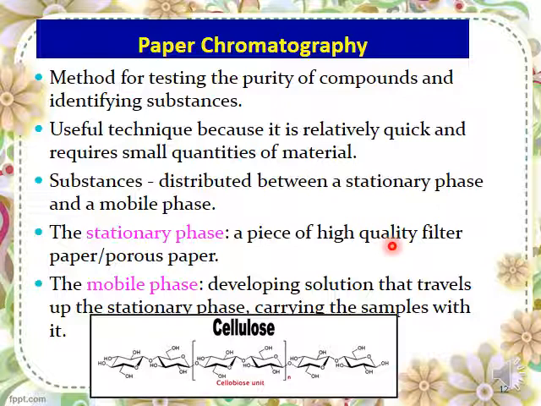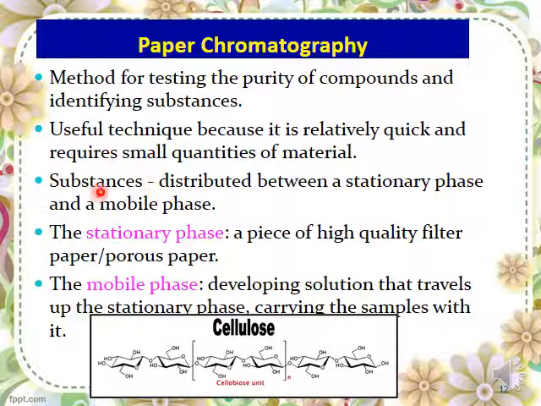Now for paper chromatography, it moves based on capillary action. For column chromatography, it moves by gravity action. Paper chromatography is quite quick because it only requires a small quantity of material.